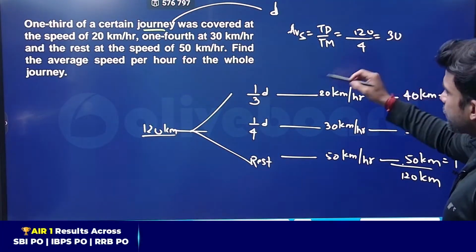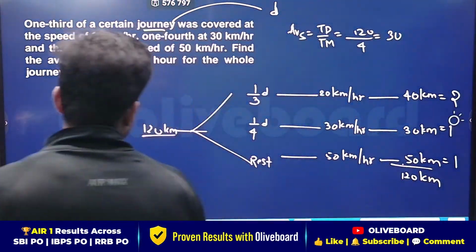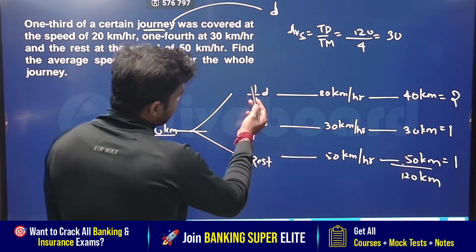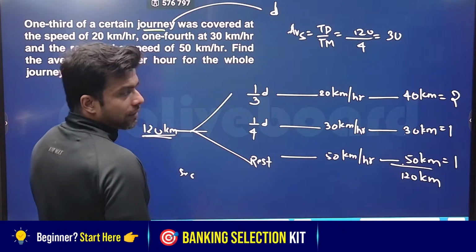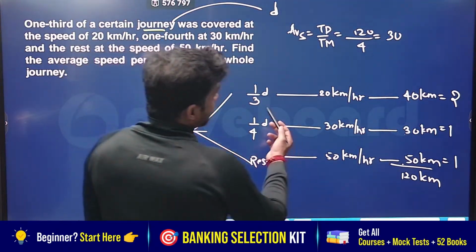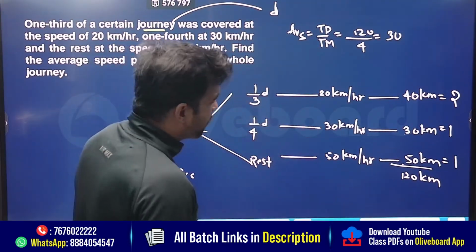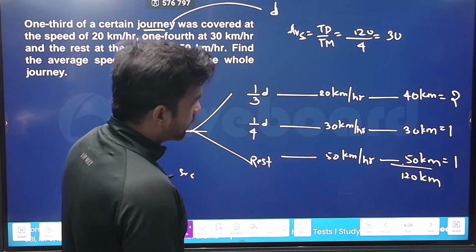So see, I have shown you how I am doing this question, but remember, you can also answer this question within a second. How come? When you get 1 by 3 and 1 by 4, you know the total distance is 120. From here you can figure out your kilometers. If you want each part in kilometers, you can figure it out. If not, then also you can get your answer. Correct?